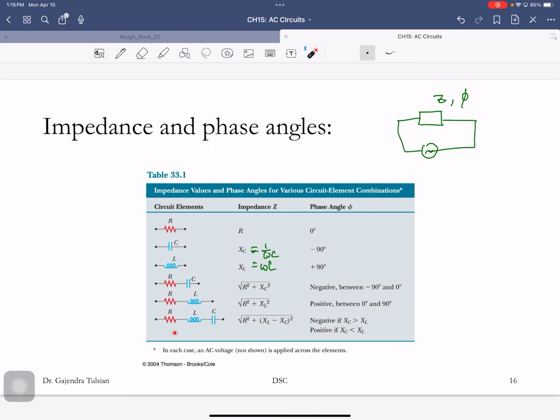When you have a series combination, there is Z, and phi would be negative if XC is greater than XL. It would be positive if XC is less than XL. So again, like I said, this stuff is important enough where they put it in a table. So here's an AC source, and here's your load, and those are the two things you're interested in.